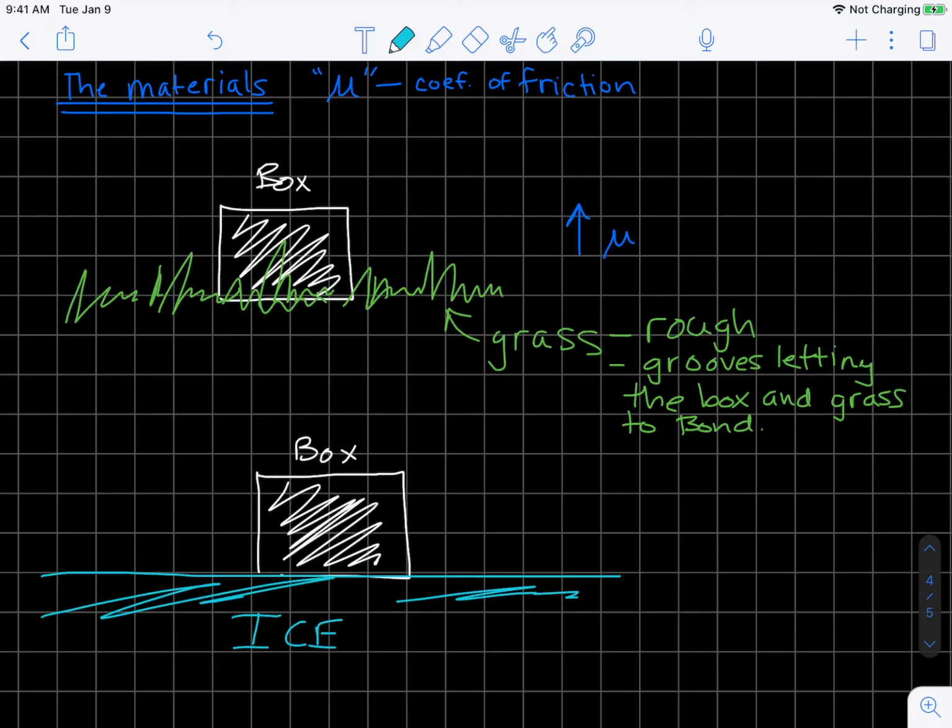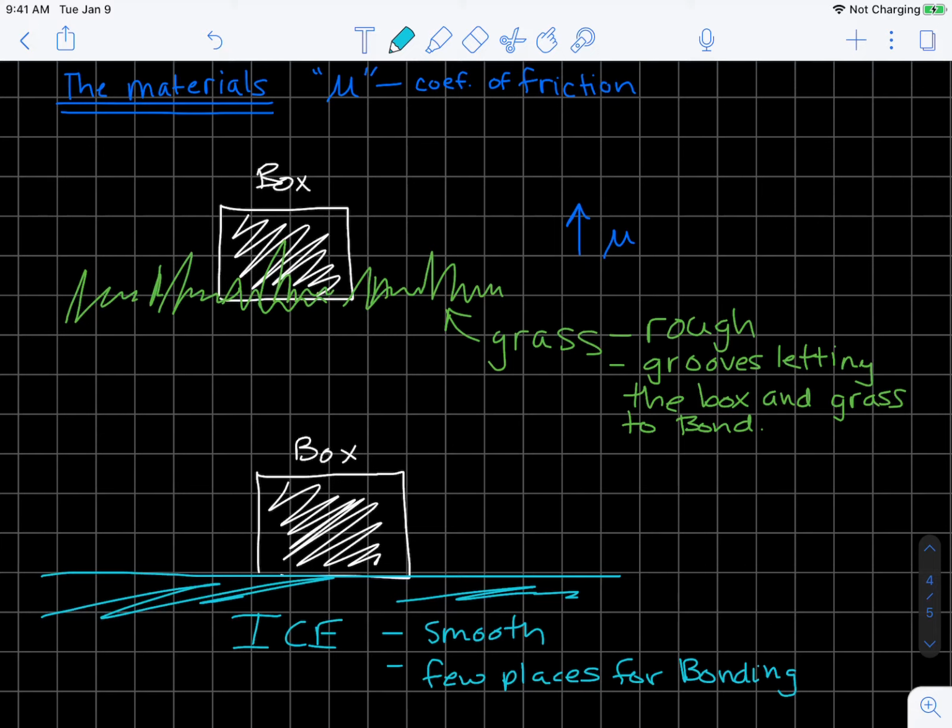Ice is smoother, assuming it's been Zambonied. There are very few grooves, so the box and the ice are not going to bond as easily.